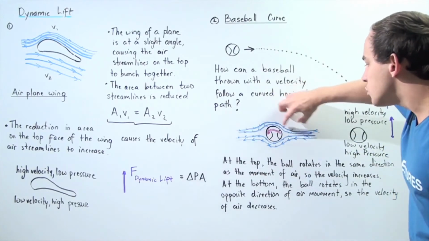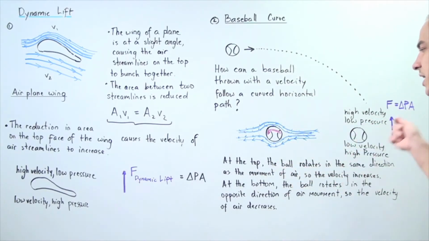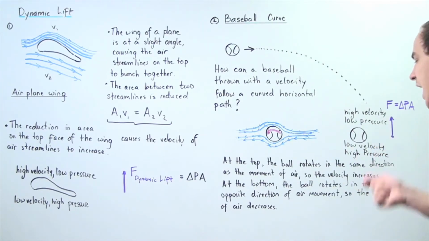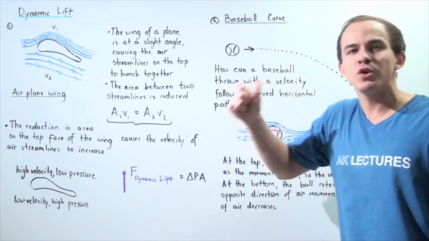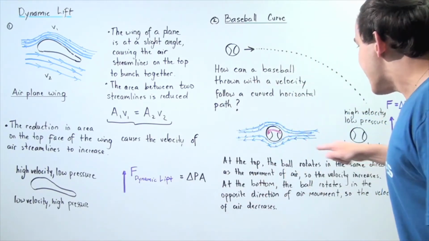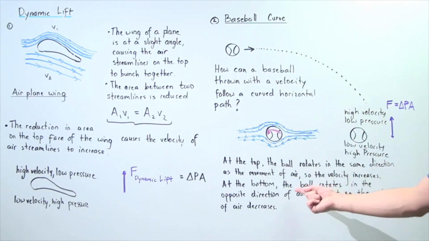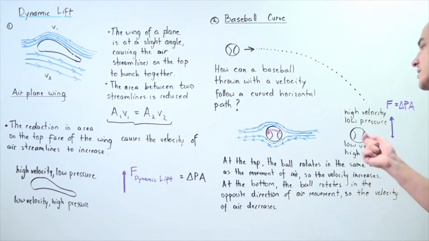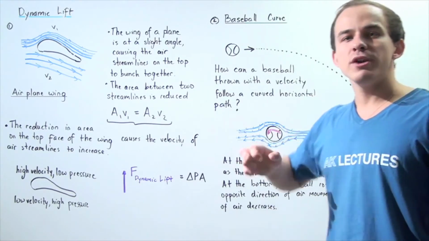At the top portion of the baseball, the ball rotates in the same direction as the movement of air molecules. So the velocity of the air molecules on the top portion of the ball increases. At the same time, on the bottom portion of our baseball, the ball rotates in the opposite direction of the air movement. So the velocity of the air on the bottom decreases.